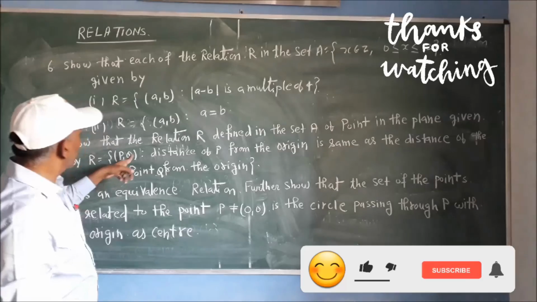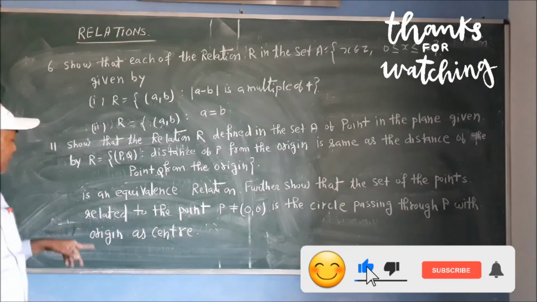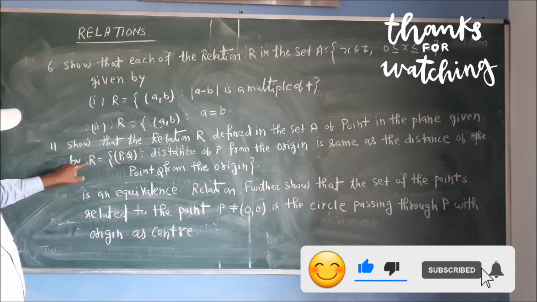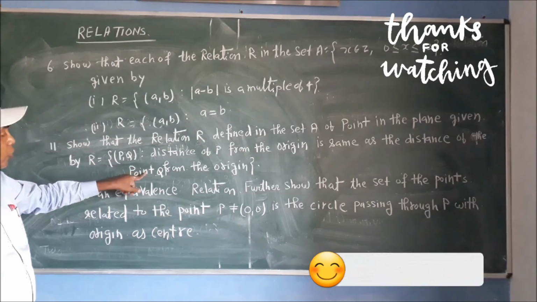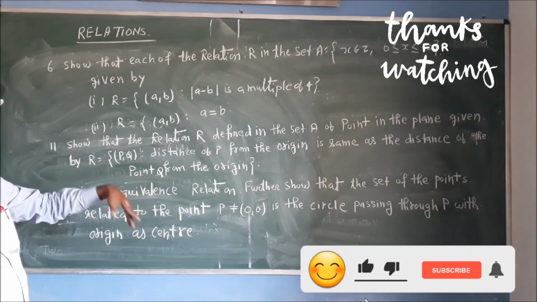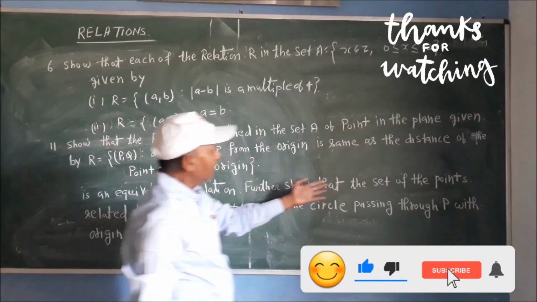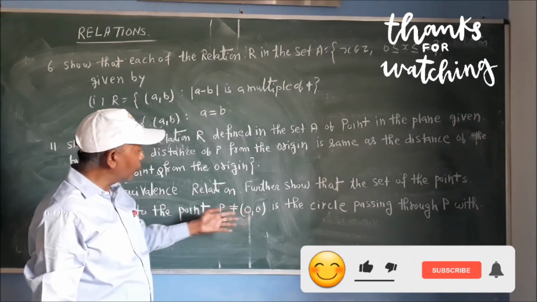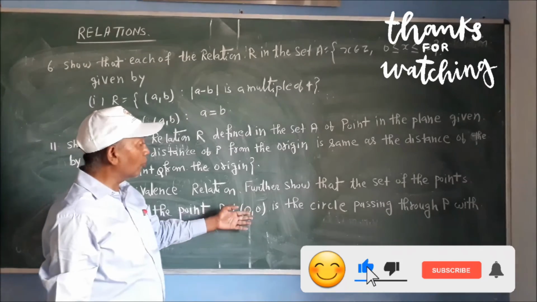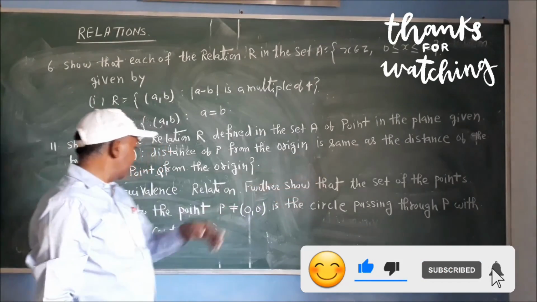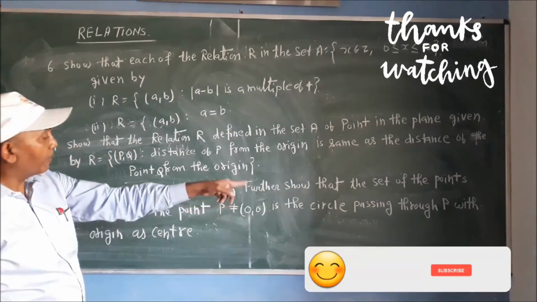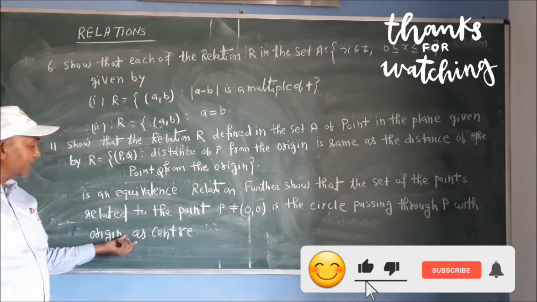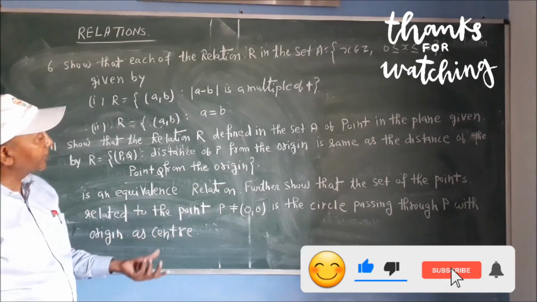Origin से P की दूरी और origin से Q की दूरी same दी गई है. And after that we have to further show that the set of the points related to point P not equal to 0, जो पॉइंट होंगे वो एक सर्कल पे लाई करेंगे. इस सर्कल passing through P, origin at the center, जिसका origin जो होगा सेंटर होगा.